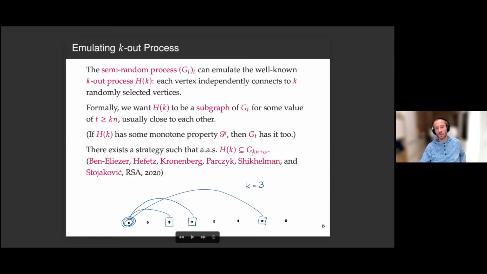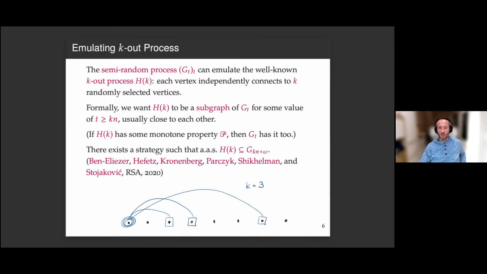So that's why maybe you cannot do it in kn rounds, which would be optimal. But any function that tends to infinity added on top of it will asymptotically almost surely create what we want. Right, so that makes sense. So that's how we can mimic the Kout process.